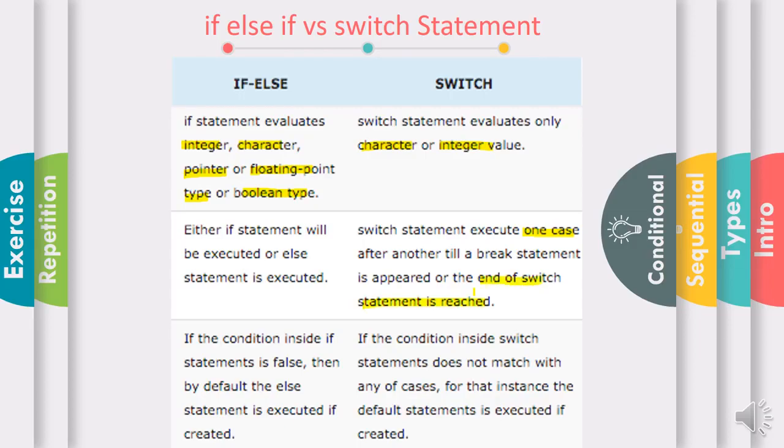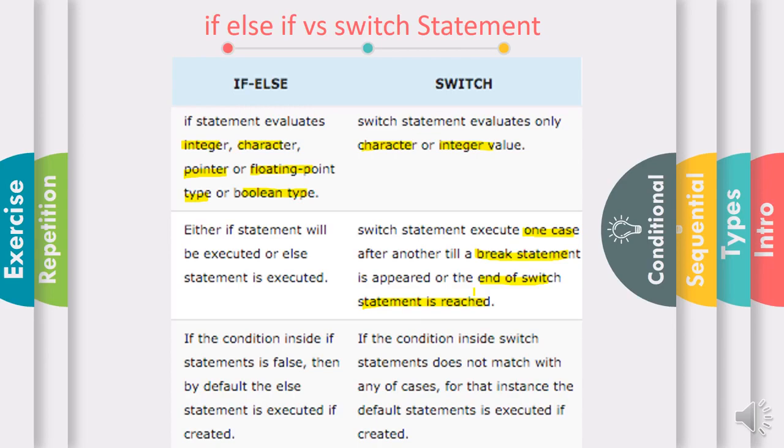It means that in if else if statement either one block is executed or the other, but in switch statement once a case meets the condition, that case is executed, and when it meets a break statement it will break the execution sequence and take the flow out of the switch statement.